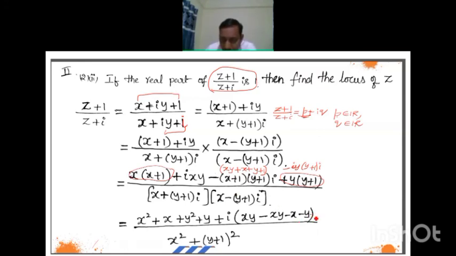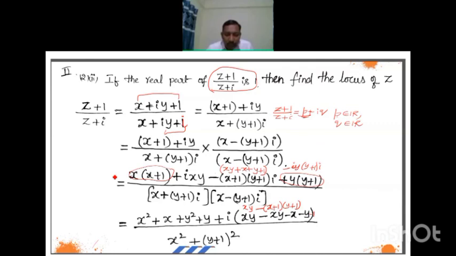This minus 1 was missed from the calculation. As we do not require the imaginary part, I did not focus on that. I just ignored it, or else we can simply write it as xy minus (x plus 1) into (y plus 1) and leave it.